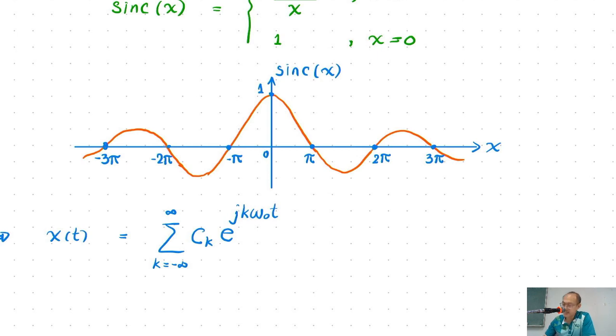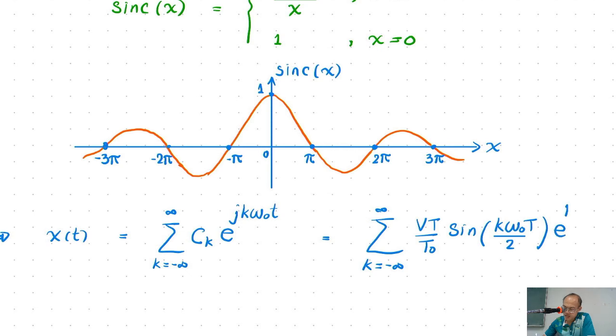Now we can plug in ck here, and that would be the summation for k equal to negative infinity to infinity of VT over T0 sinc of k omega 0 T over 2 e to the j k omega 0 t.